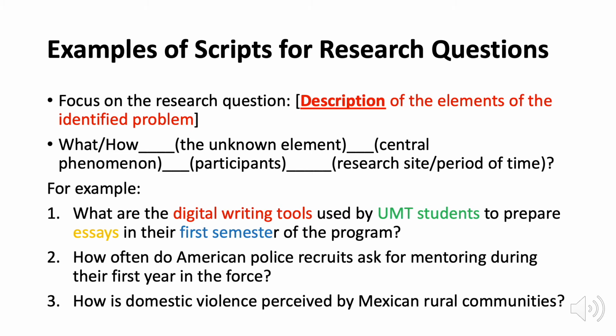These examples that you can see on your screen show how to write a research question if the intention is to describe the elements of an identified problem. I have changed the color of the keywords here to indicate the central phenomenon, participants, and the research site.